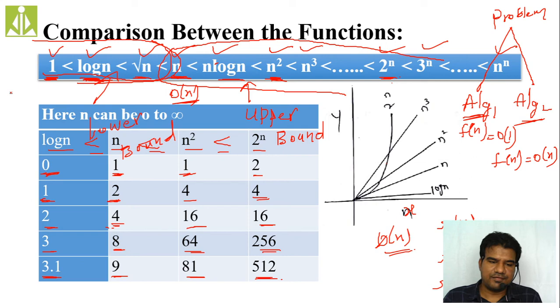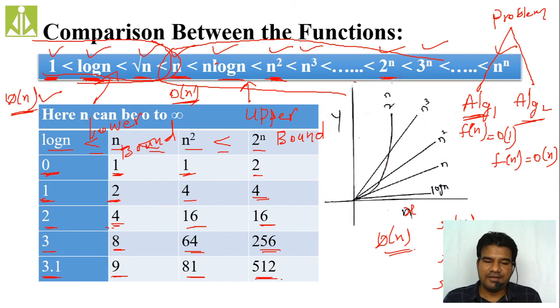If I get the function as theta of n, as it is the average bound, only theta of n will satisfy my function. No other function will satisfy my function, from this function equation or from these function categories.